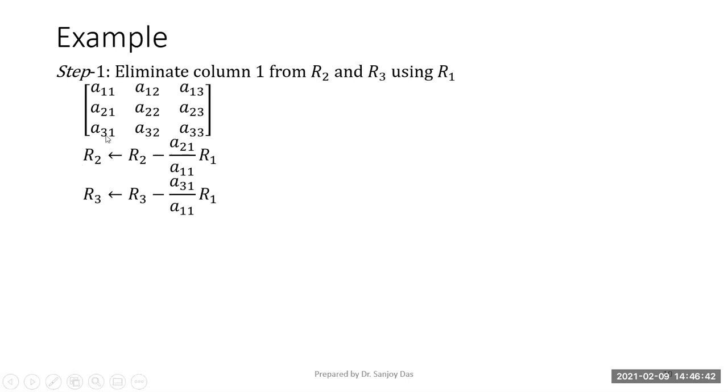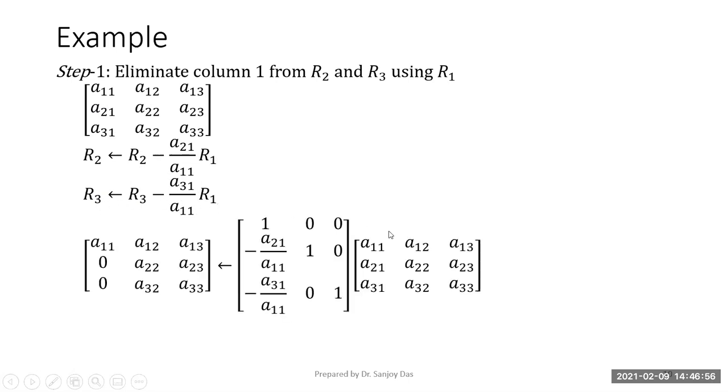And likewise, we take this ratio A31 over A11 and we scale R1 by that factor and then subtract it from R3 to get the new R3. And the equivalent matrix operation is shown below. So this is what we do. The values of these A's will obviously change. But what happens is I've knocked out the lower triangular elements from the first column.